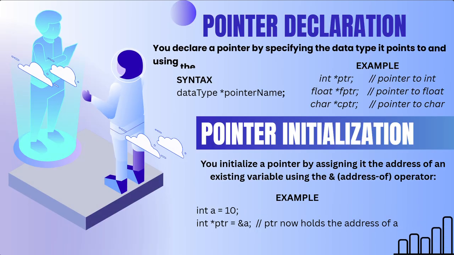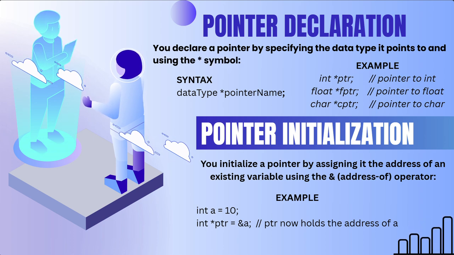Now coming to pointer declaration. We declare a pointer by specifying the data type of the pointer and using the symbol star. Okay, the syntax is data type star pointer name. The example is int star ptr, a pointer to int.